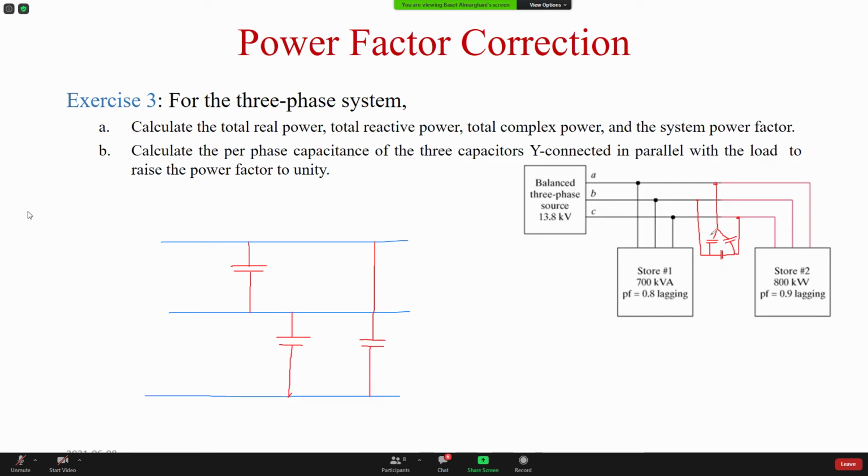This capacitor is connected between A and B. This capacitor is connected between A and C. This one here is between B and C. So this is delta connection as well. Now V line equals V phase for delta. V line equals square root of 3 V phase for Y.